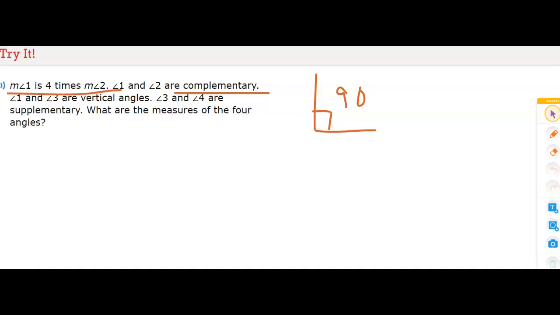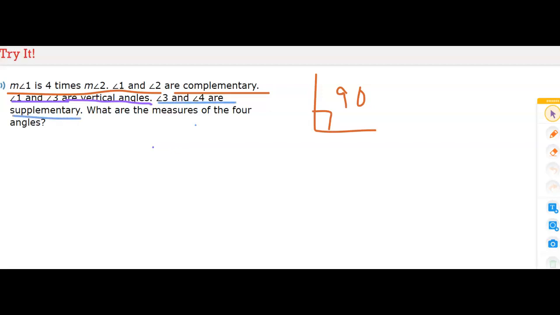And supplementary are... angles 1 and 3 are vertical, so not supplementary, vertical angles. And choose a different color. And angle 3 and 4 are supplementary.